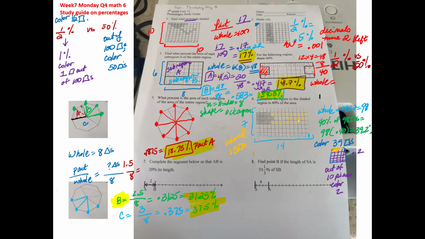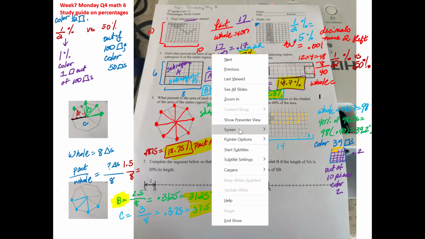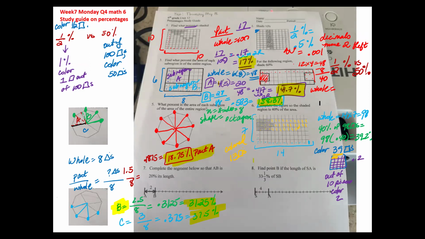Here you go. Read the question, please. Can I have non-different below so that AB is 20% of its length? I'm going to go ahead and start another page because this one's getting kind of full.